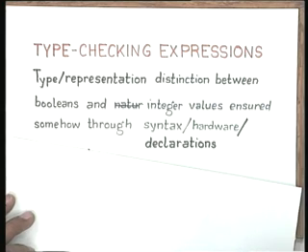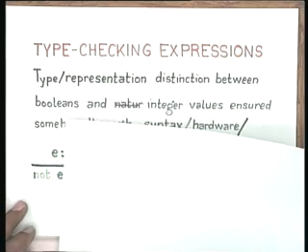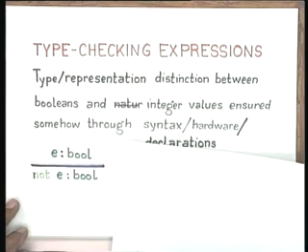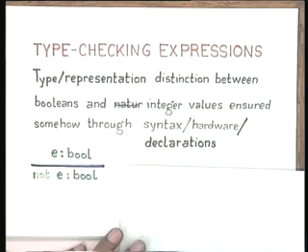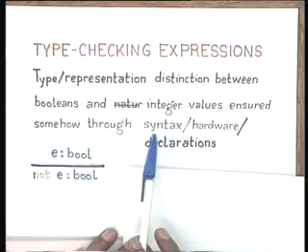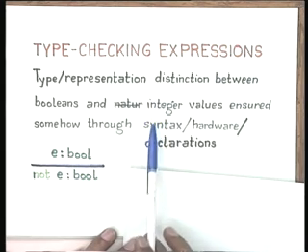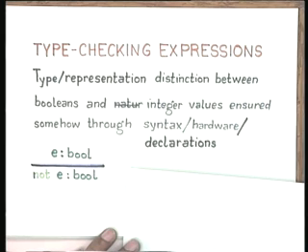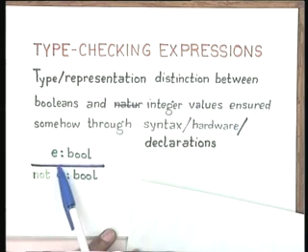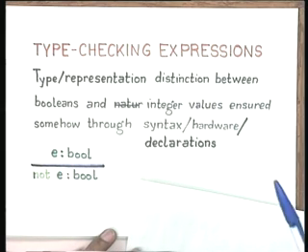Right. So how does one type check expressions? Let's take the unary operation. If E is a Boolean expression, so what it means is that there are those type axioms like M is of type int and T is of type bool and so on already available, and if E is of type bool, then not E must be of type bool.